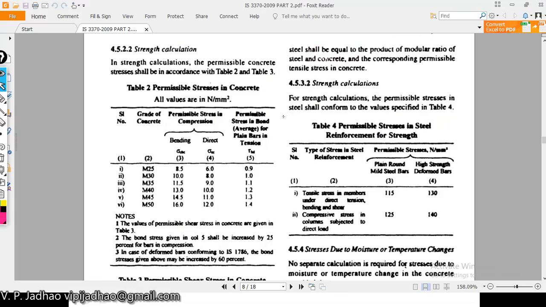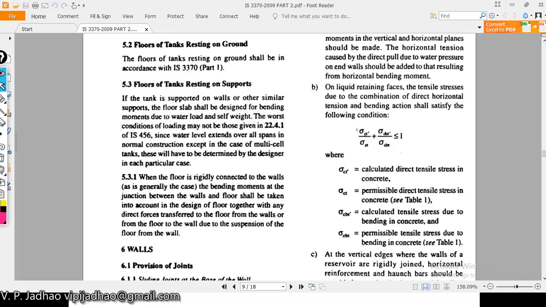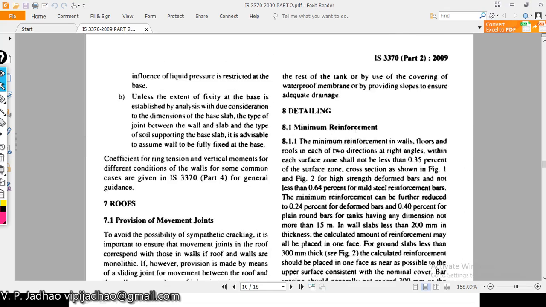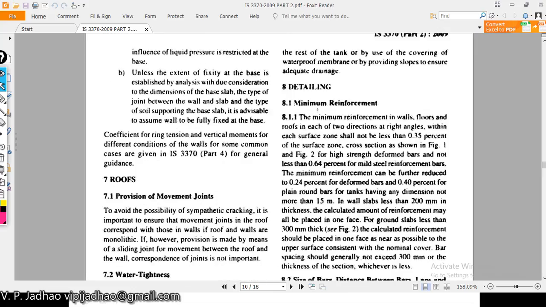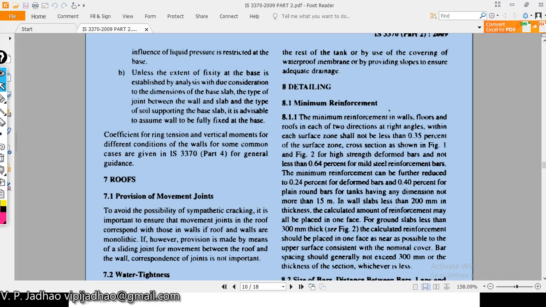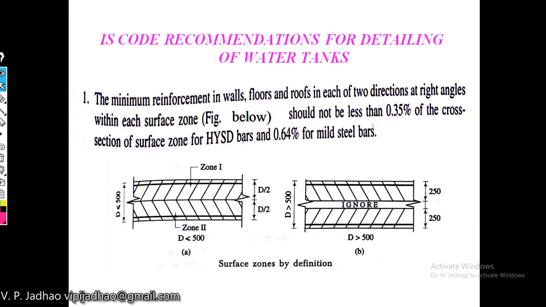These recommendations are also given in IS 3370 part 2, 2009, at page number 5. At page number 5 you can see detailing, minimum reinforcement. These are the different requirements. I have listed them in my PPT also, so we'll see the PPT.